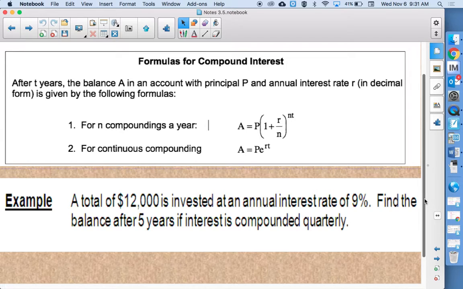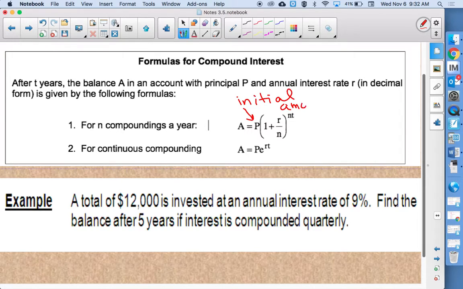So it says that my account has a balance of A, so that's the balance that I have. That's my end result, the amount of money. P is the principal. That's usually my initial amount. And then the balance is A, so that's the end amount that I have.